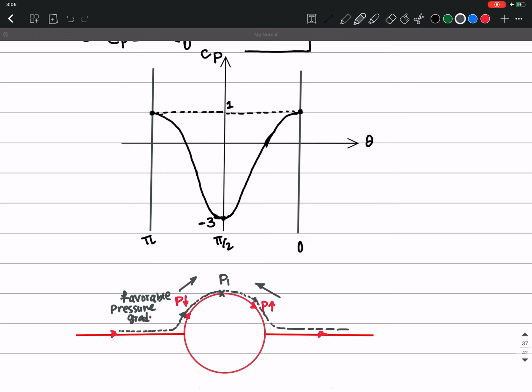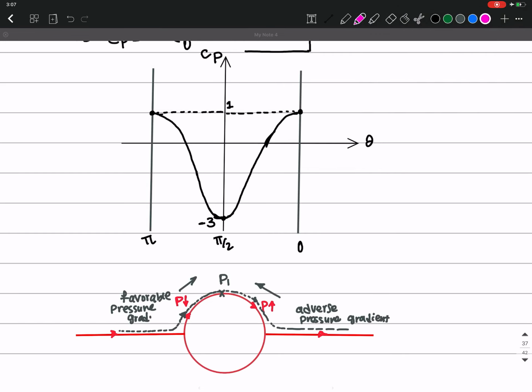So it kind of decelerates the flow. And because of this, we call this region an adverse pressure gradient. So this is actually for an inviscid flow.